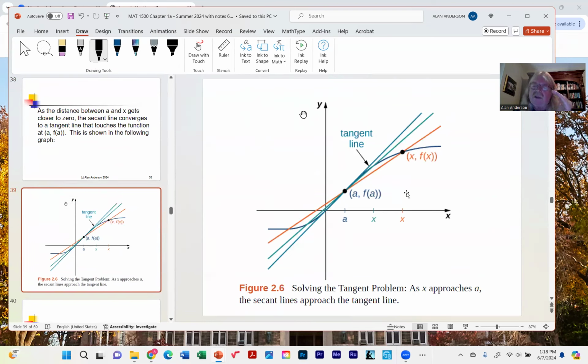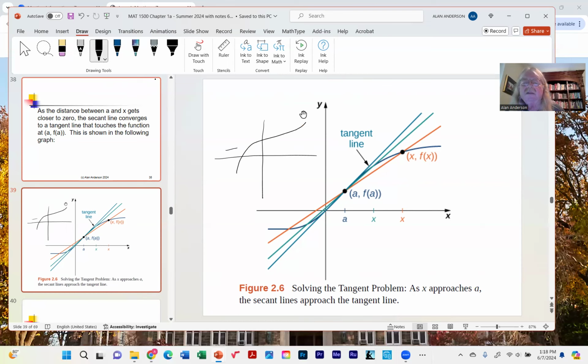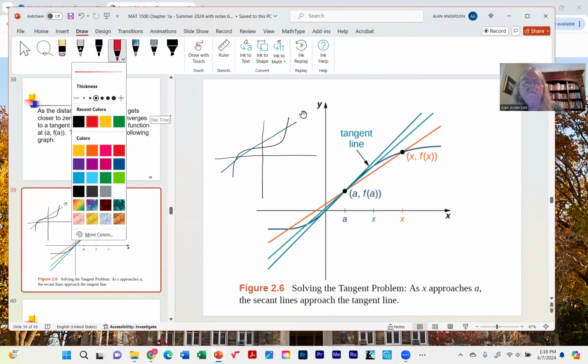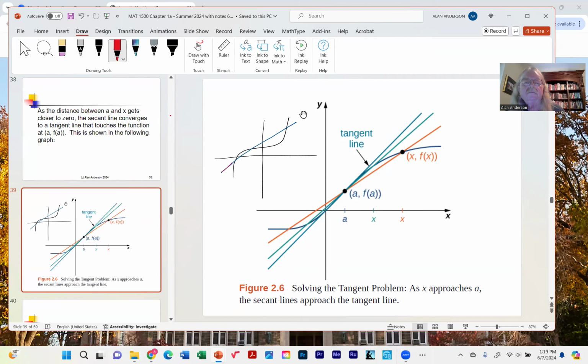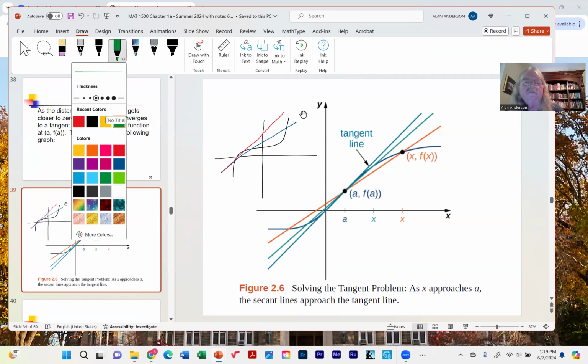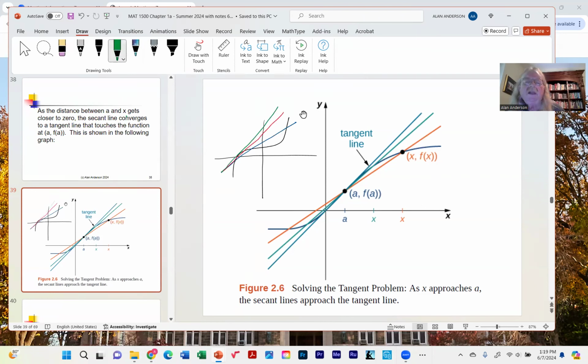So you're going from, if I can do this, I don't know if I can really draw it well, but that's not too terrible.